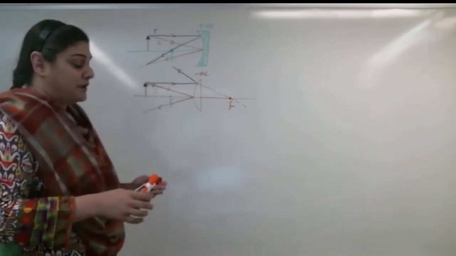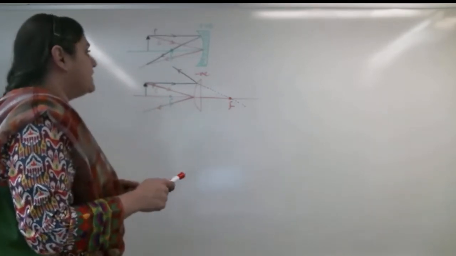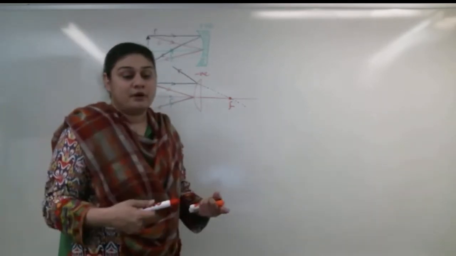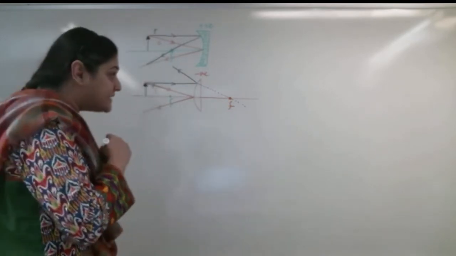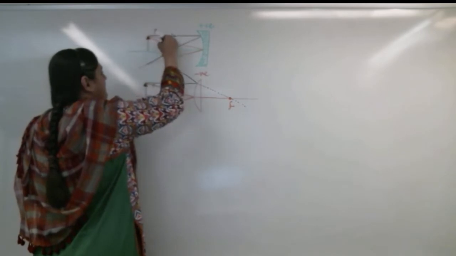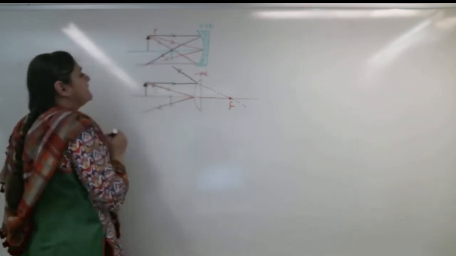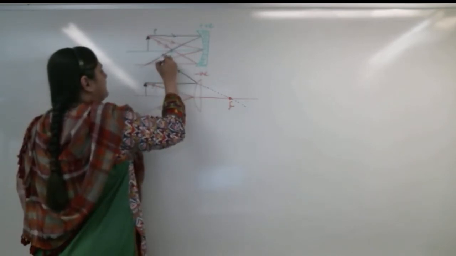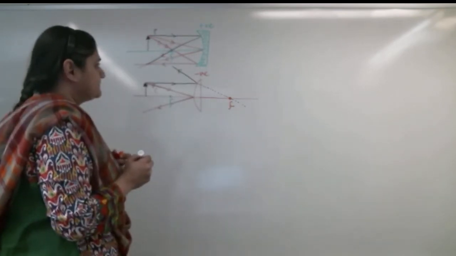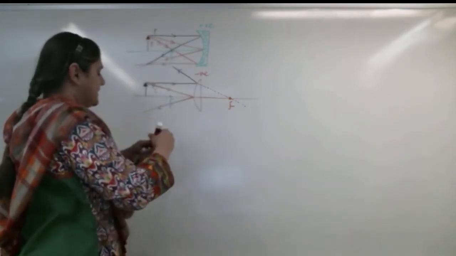Now what about focal? Our third ray is our focal ray. What does a focal ray do? It goes through the focal. So in the first case, the focal ray will go through the focal point, hit, get reflected back. Good? And this I'm going to call F. So here are my rays.